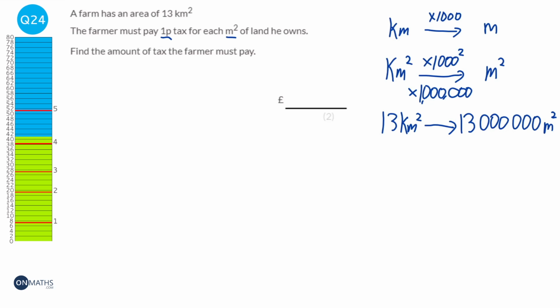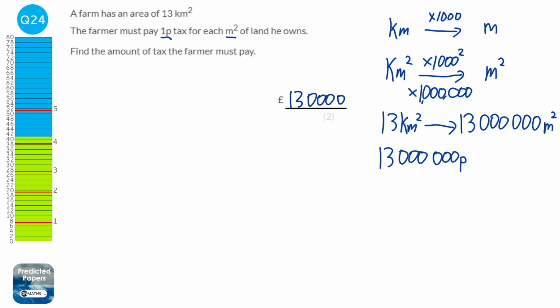And so that's going to cost him, or her, 13 million pence. But the answer is going to be in pounds. So we just need to get rid of 2 of the zeros at the end. So it's going to be 13, 1, 2, 3, 4. So it's going to be £130,000.